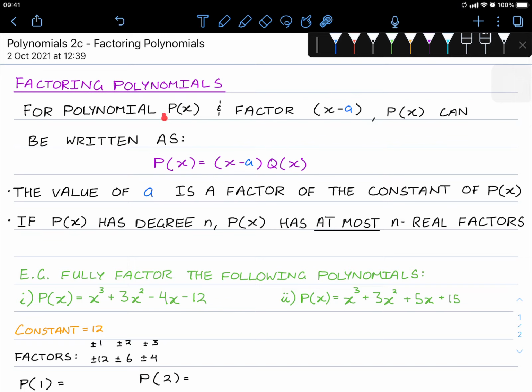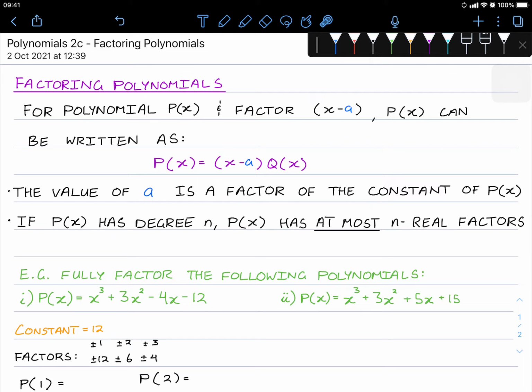For any polynomial p of x and factor x minus a, p of x can be written as p of x equals x minus a times q of x. Now, the value of a can be figured out as one of the factors of the constant of p of x.